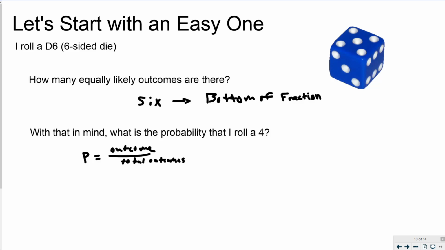Then that would mean I have a single chance because a 4 is one outcome and there are 6 possibilities. So the probability of that event happening is 1/6, which is approximately 16%, 16.66%.